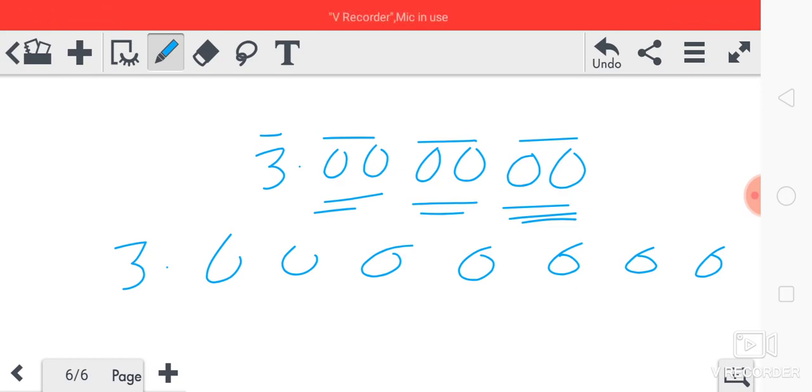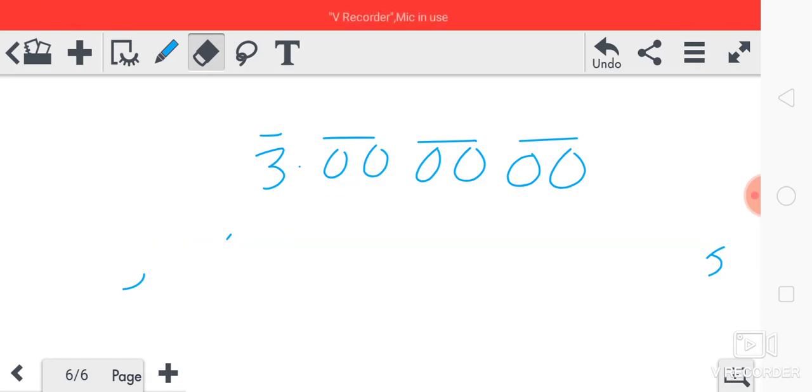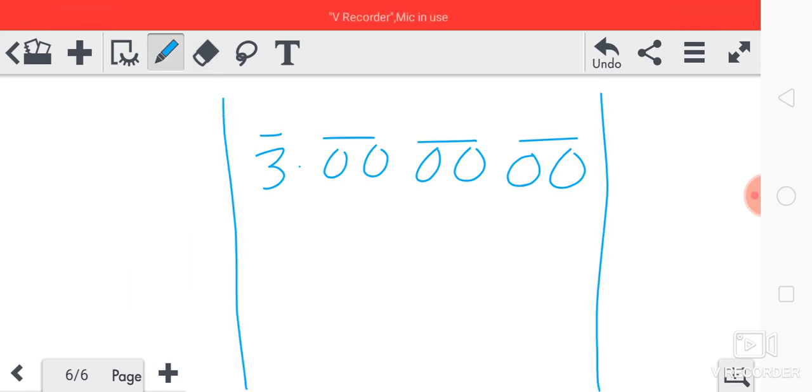Okay, now we'll solve this part. Now here the number is 3, so which number should we take, 1 or 2?